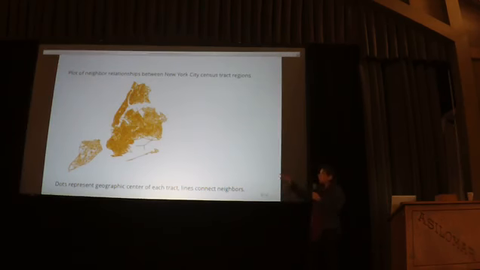We're seeing dots here that are the center, or something like it, of each census tract, which is irregularly shaped. And then we're seeing lines connecting that region with its neighbors.